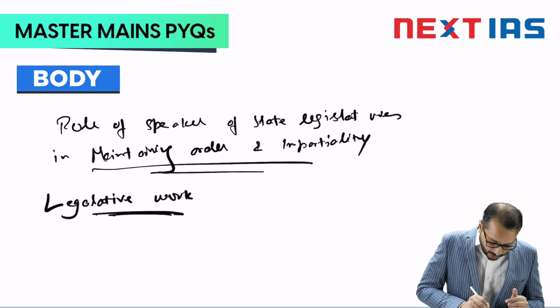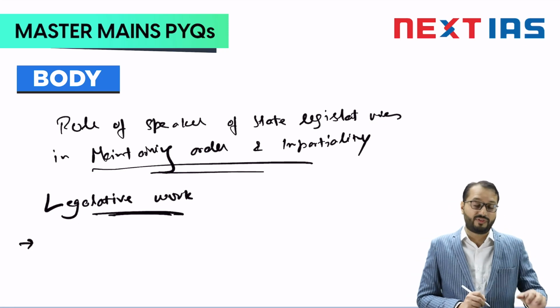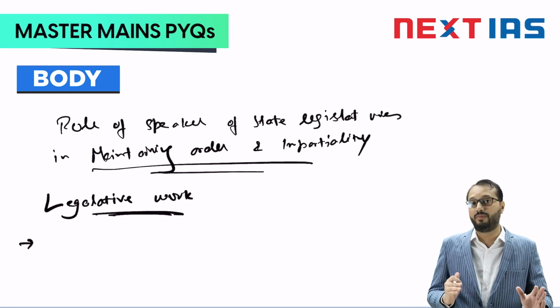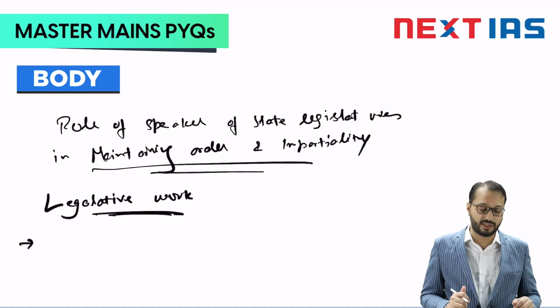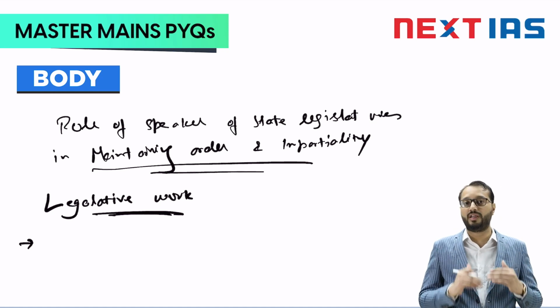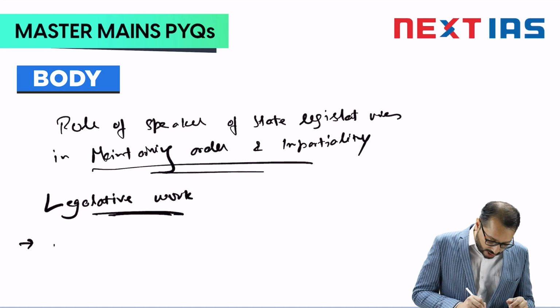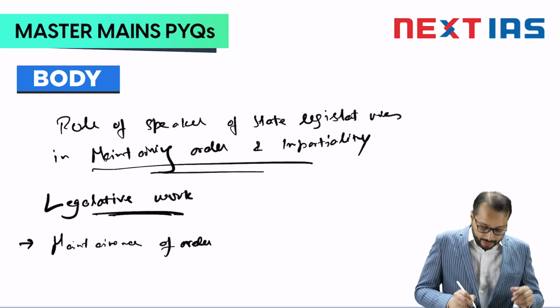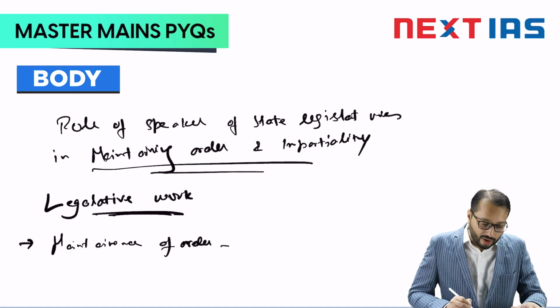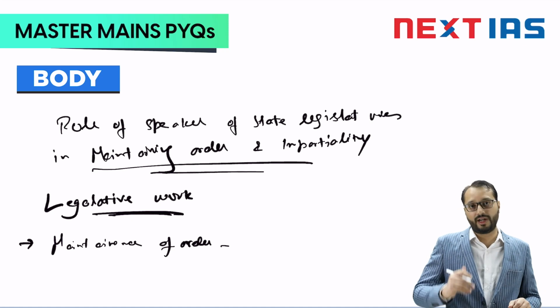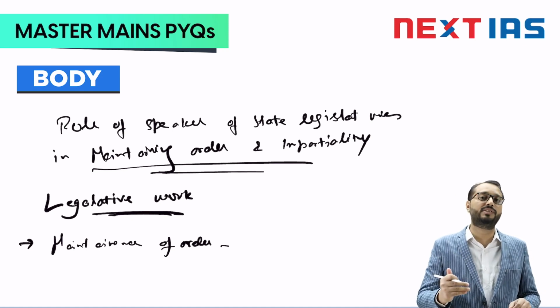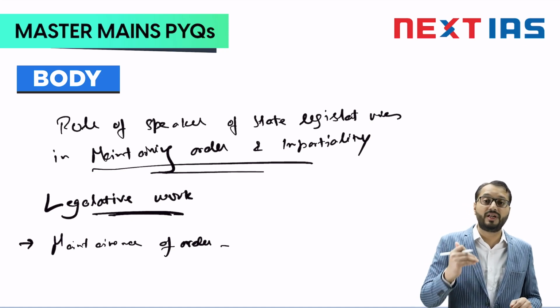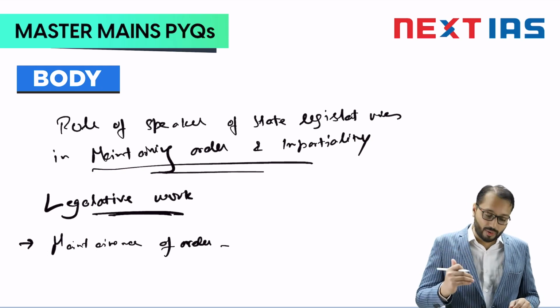Now, when we are talking about legislative work, the first and the most important role of the presiding officer is the maintenance of order. He is responsible for the conduct of business. So the presiding officers are responsible for conducting the business, and while conducting it, they are also responsible for maintaining parliamentary decorum, right.